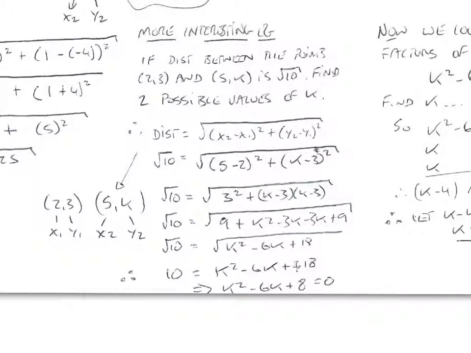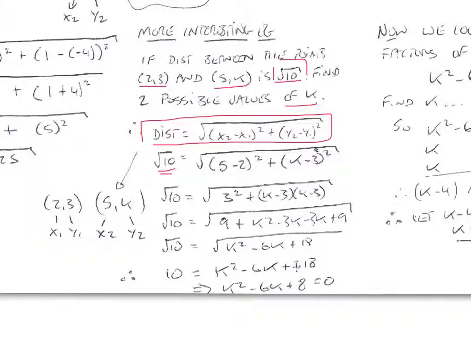Now, a more interesting problem would be something like, if the distance between the points 2, 3 and 5, k is equal to the square root of 10, find two possible values of k. Well, we know that the formula for distance is given by this formula here. We know from our question that the distance is root 10.